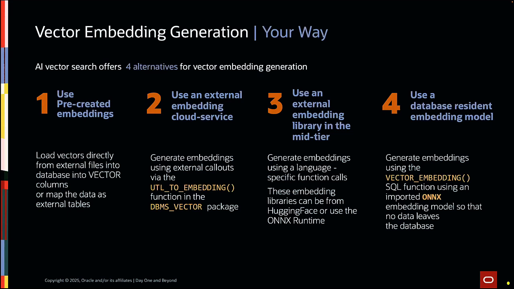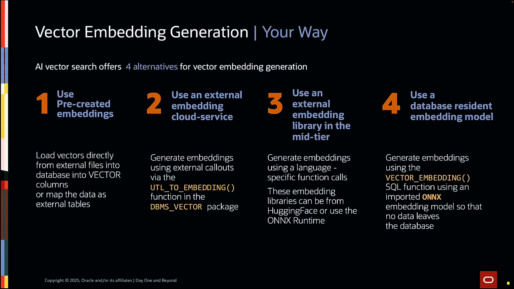The other approach is it's possible to create these embeddings in a middle tier. So I've got code that I run all the time where I'll call a Python program to create embeddings from data that sits within my Oracle database. And this is really useful when you have GPUs available to you and you've got this additional horsepower to perform these operations very efficiently. And then the fourth approach comes back to this Onyx runtime.